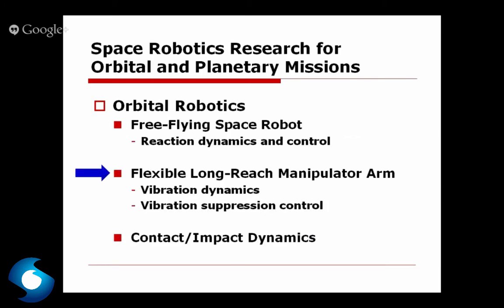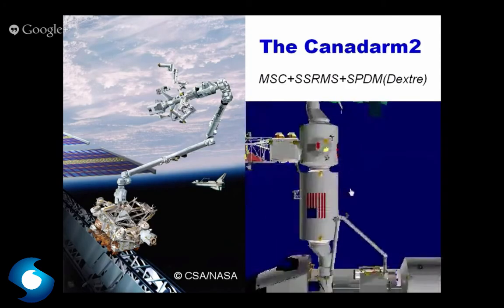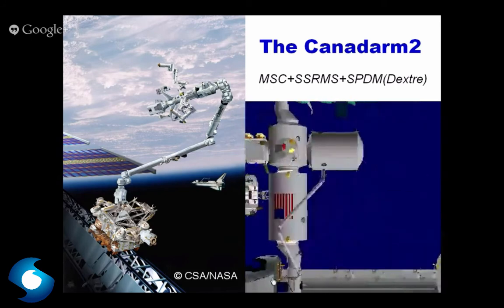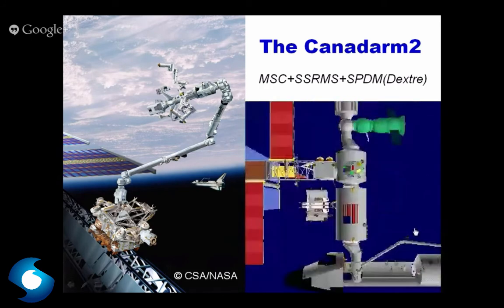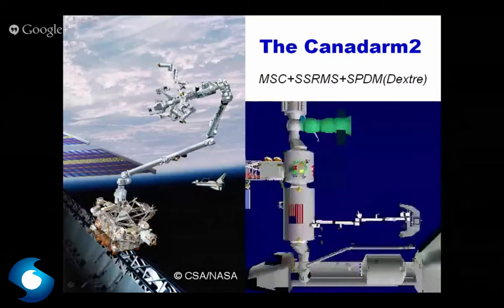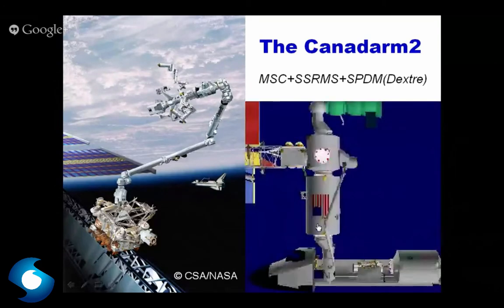My second topic is the long reach manipulator arm. A long reach manipulator arm is something like this. This is the space shuttle mounted manipulator arm for the construction of the International Space Station. And this secondary arm appears. This is the space station mounted manipulator arm called Canadarm2 or SSRMS.